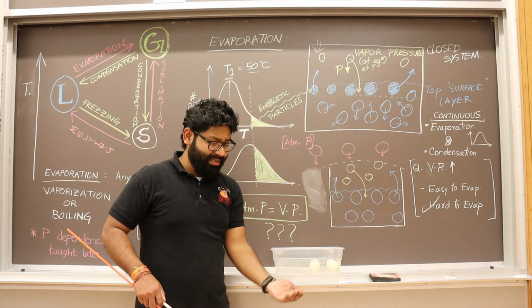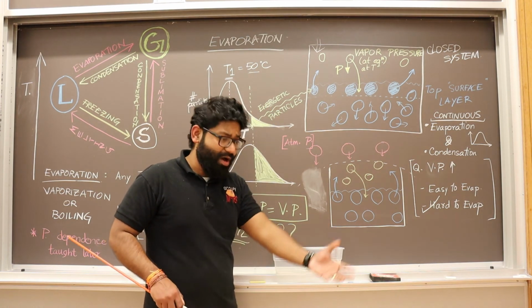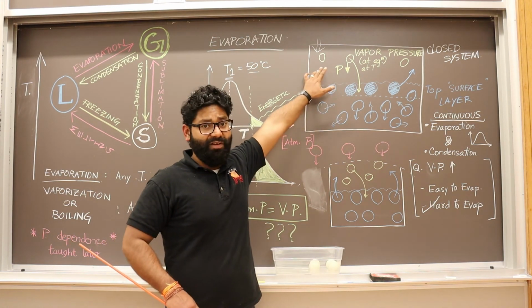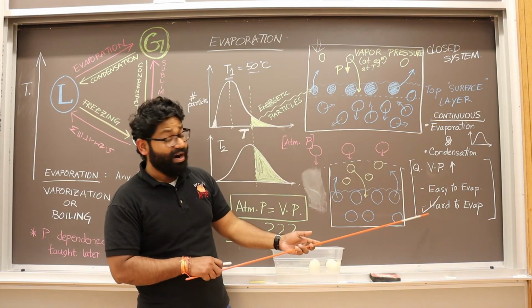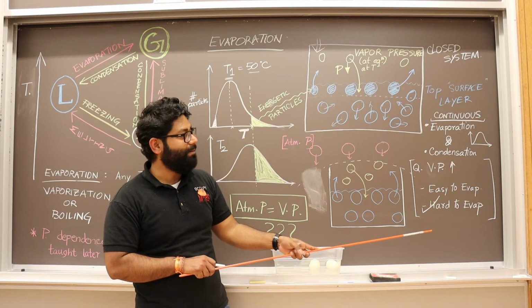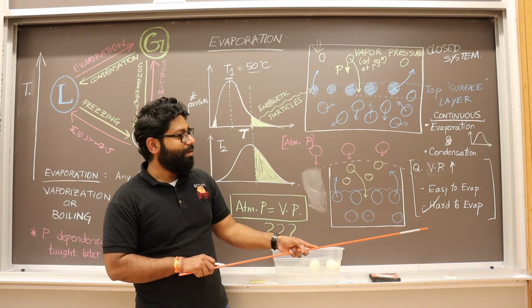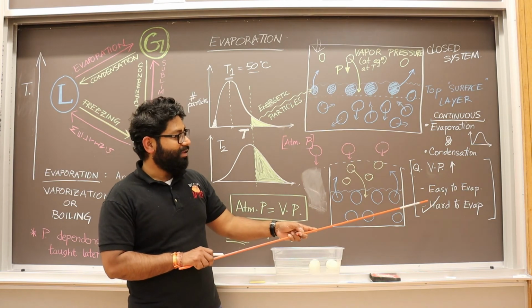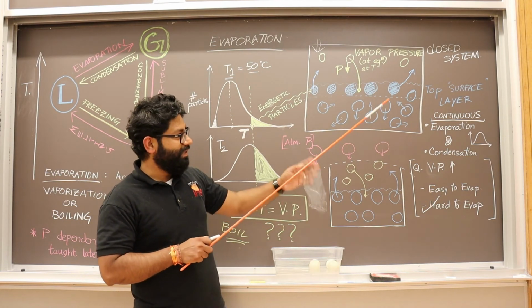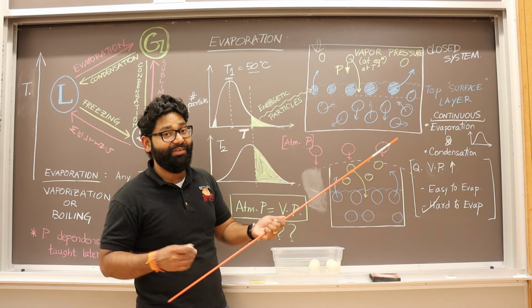It's hindering the transfer of particles from the surface to the vapor phase, right? So it will become harder to evaporate, and it will continuously become harder and harder, and then it will establish an equilibrium.